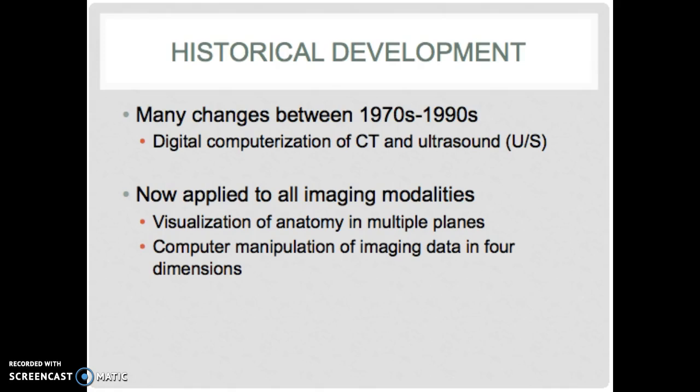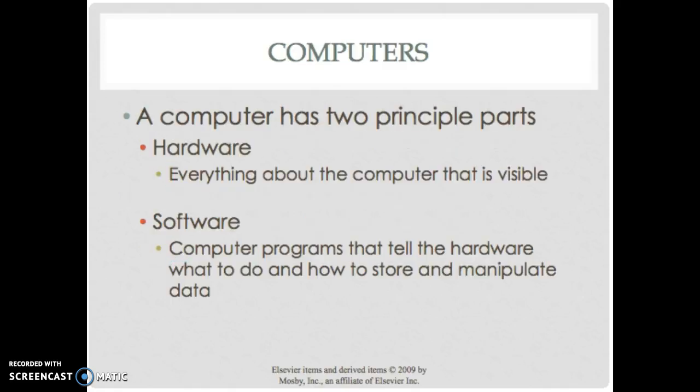So we went from film to a filmless system where computers control everything that we do, making our life so much easier. The two principal parts of a computer are the hardware and the software. The hardware is everything about the computer that is visible, so the CPU and all the little devices within it.